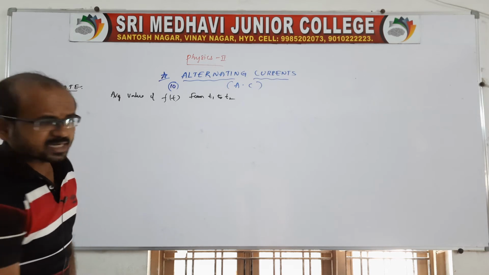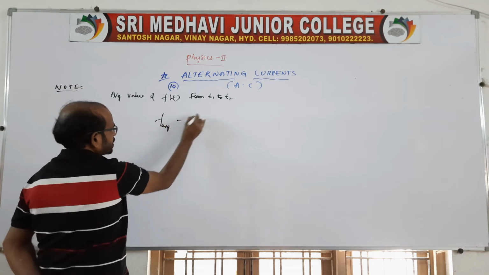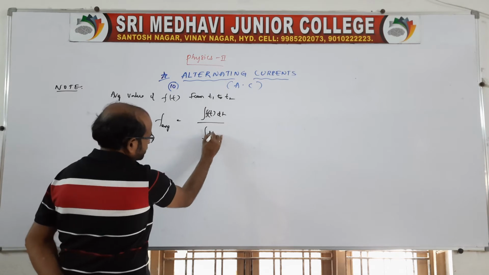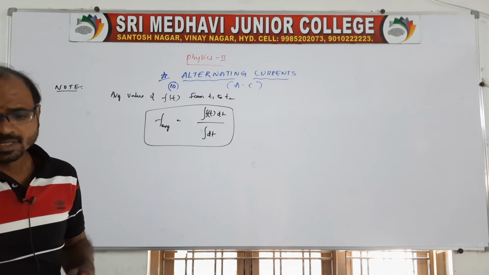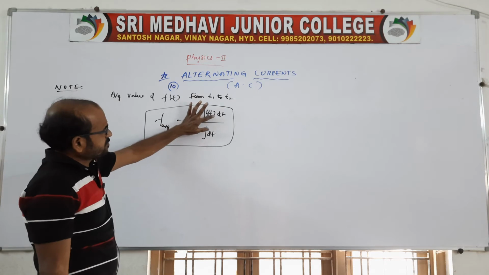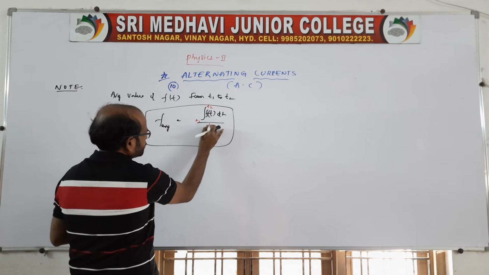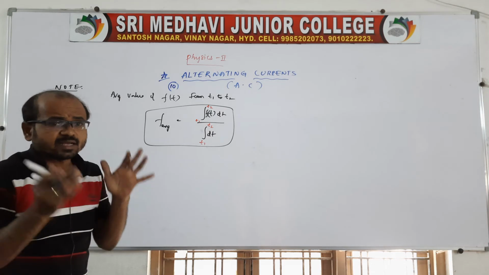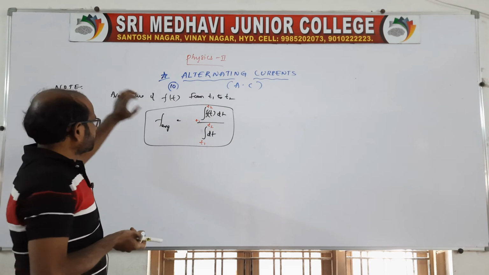Therefore we can define it like this: for a function f of t, f average is equal to integral of f of t dt, with limits t1 to t2, divided by integral of dt, also from t1 to t2. So if the average value is asked, you go through this statement.